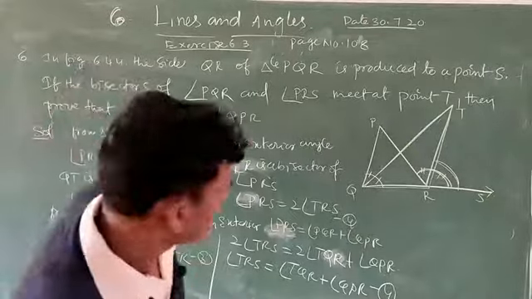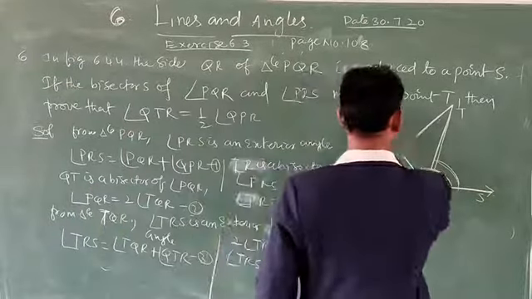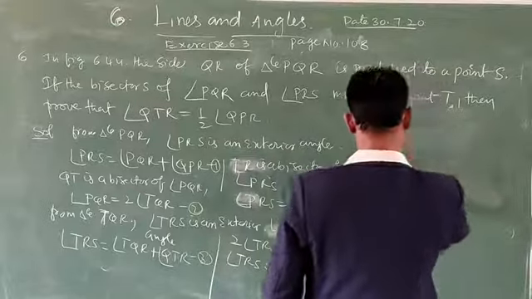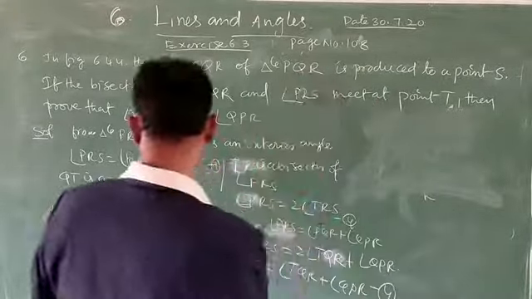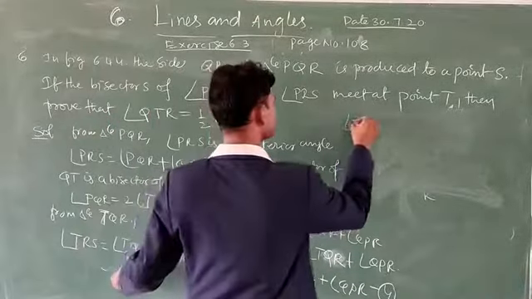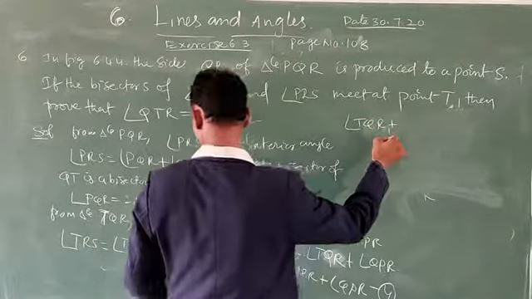Now I will rub this figure, otherwise there is no place. Now see here, left hand side TQR plus QTR.